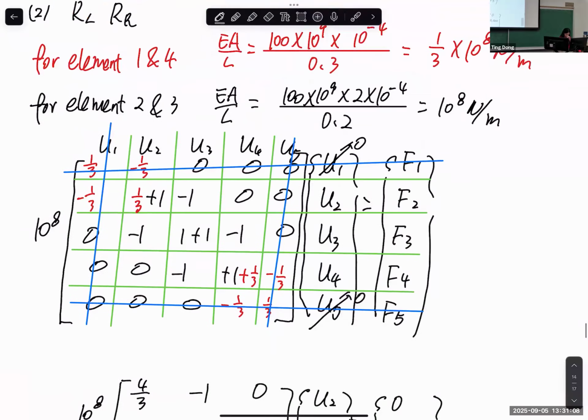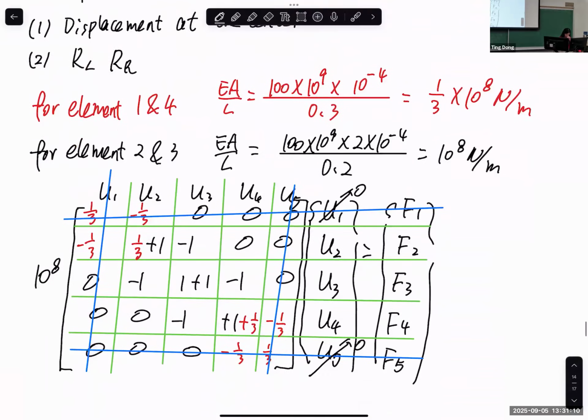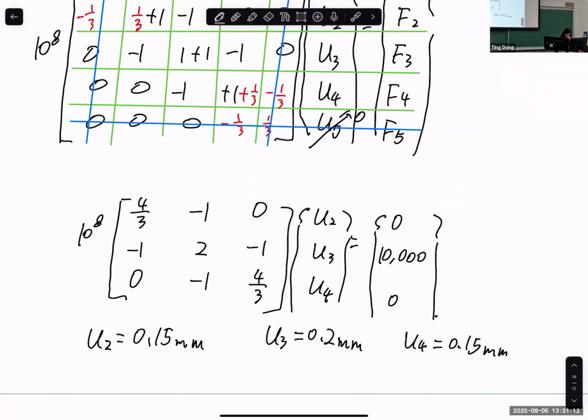And of course, the question asked about the displacement at center. So yeah, it's U3. Show how we solve displacements. Do you do the inverse method, or the old-fashioned way to solve the displacement? Do you care how we do it? I don't, because that part is not really FEA content.